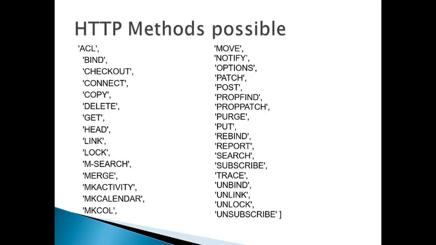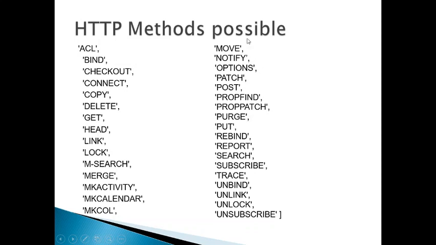What are the methods possible in your REST API or Node? These are some of the examples. You can see there are lots and lots of methods available which can be used, but mainly we will use get. This is the get. We will use the delete. We will use the head sometimes.